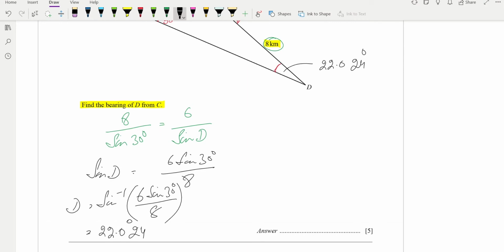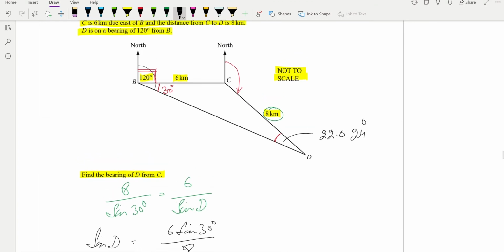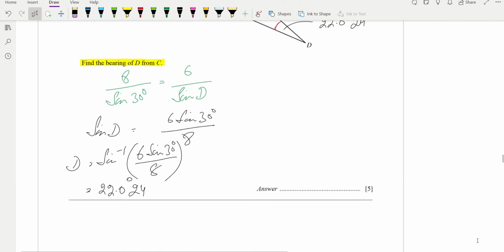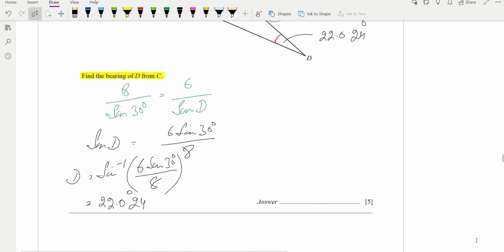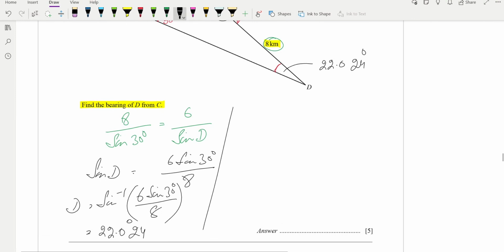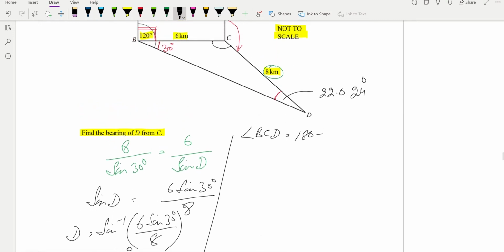So this D value is basically 22.024 degrees. Now we can find the third angle, which is this one. The third angle of the triangle, this will be angle BCD. So we can write angle BCD is equal to 180 minus the other two angles. The other two angles are what? 30 plus 22.024, everything in degrees.